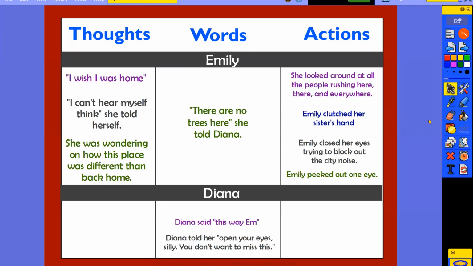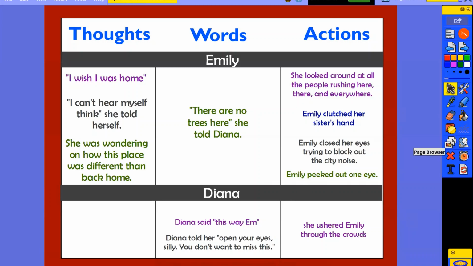You don't want to miss this." And she also said this out loud to her sister. Therefore, it's under words. And finally, actions. She ushered Emily through the crowds. Ushered means she showed her the way, okay?